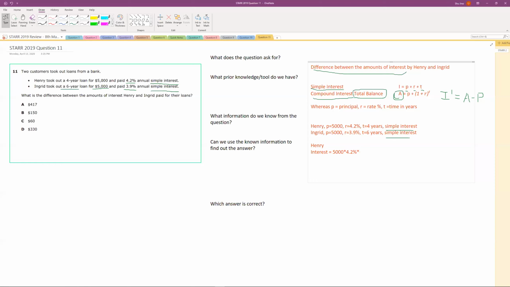Then times the time, which is 4 years. And for Ingrid, the interest will equal P, which is 5,000, times the interest rate, 3.9%, then times 6 years. So we're going to use our calculator.